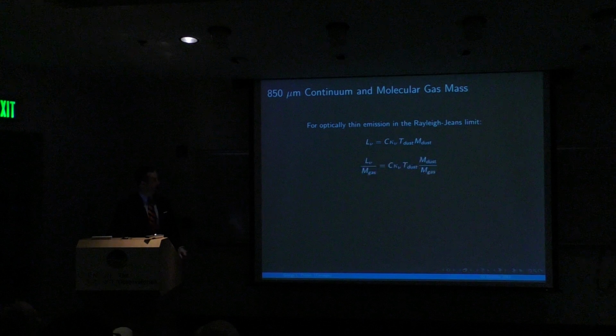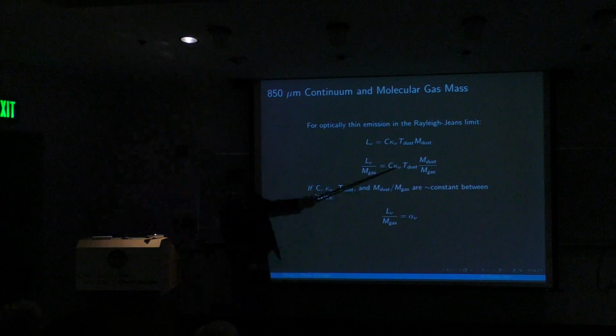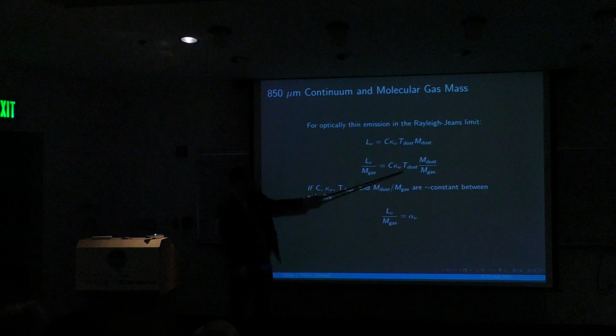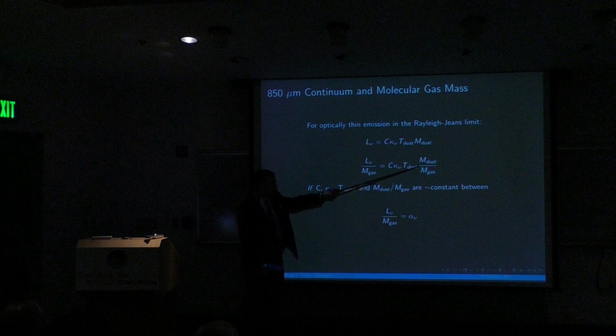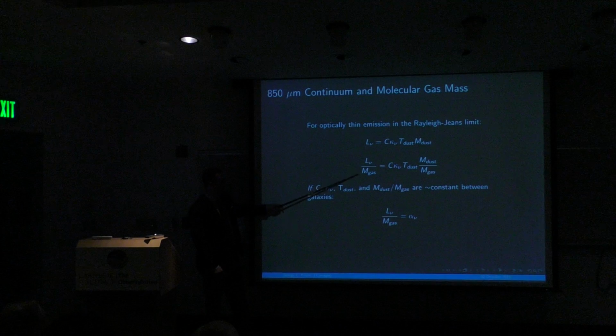So if you divide the whole thing by the gas mass and then say that these constants in front and the dust emissivity are roughly constant between galaxies, and the dust temperature doesn't change much between galaxies, and the gas-to-dust ratio doesn't change between galaxies, then the specific luminosity in the Rayleigh-Jeans tail as a ratio of the gas mass should be some sort of constant.